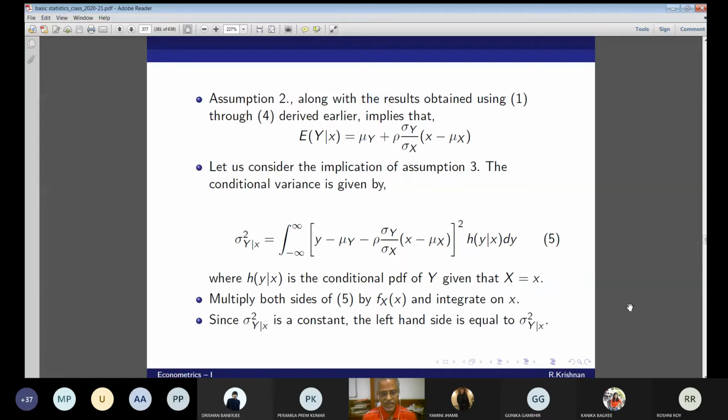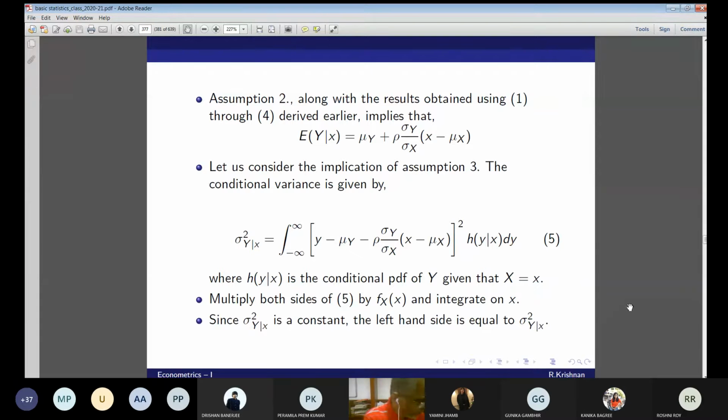So multiply both sides by f(x) and integrate on x. What will you get? Sigma square y.